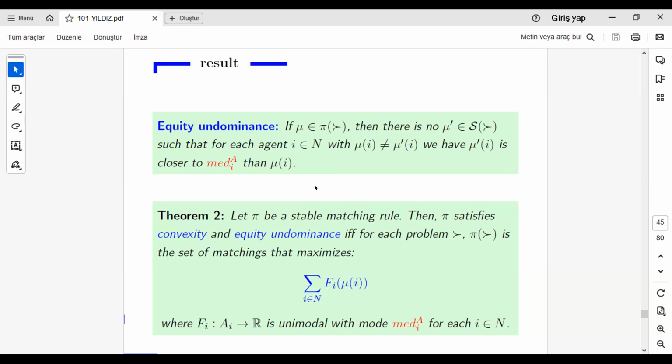So if we were to read this in both directions, as I remarked before, convexity is a minimal concession, and equity on dominance is a sound fairness notion, then we can satisfy these two conditions as long as we attribute any unimodal assessment function to each individual, to each man, to each woman.